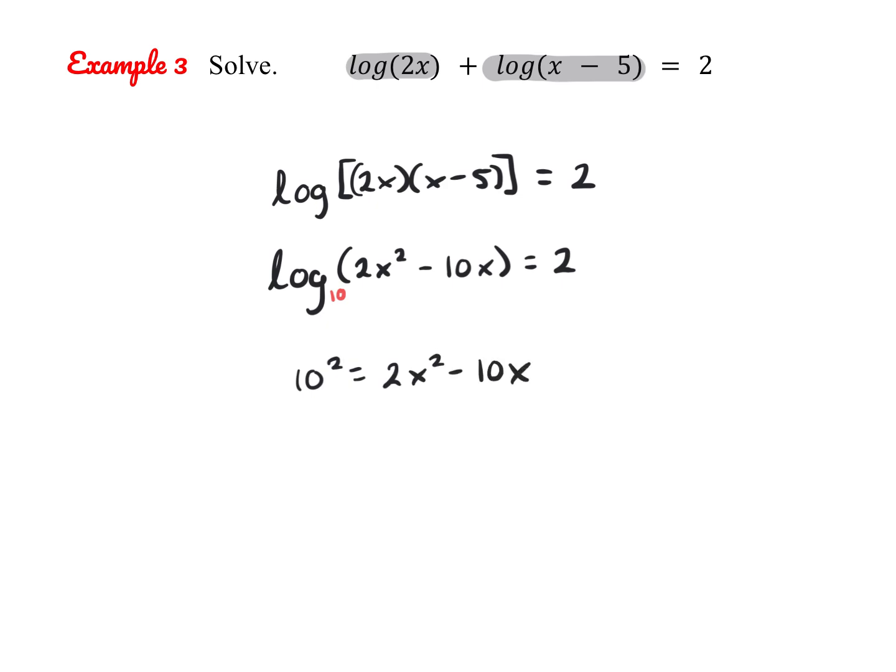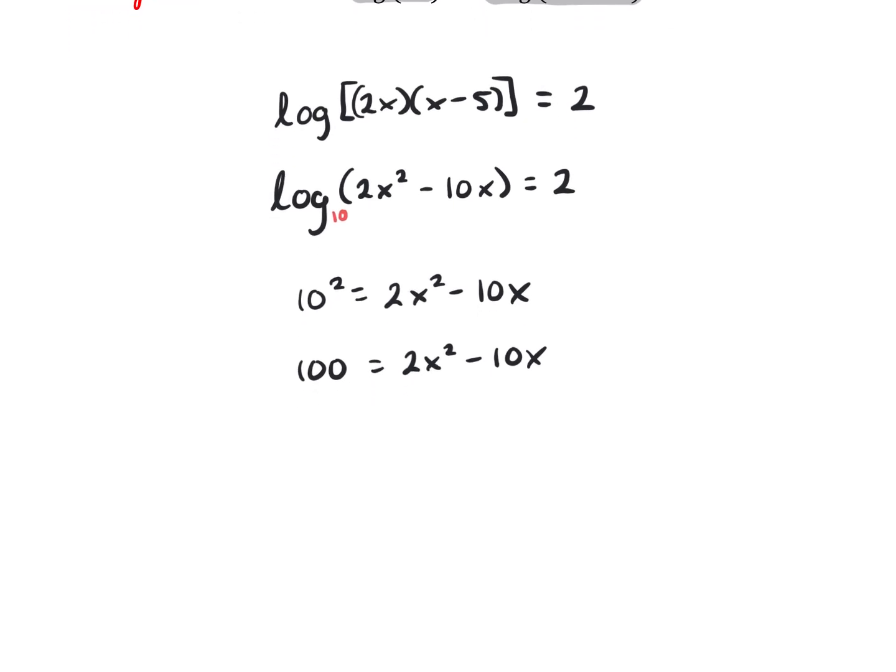And now here you can see that we have a quadratic equation. So for any quadratic, the first thing I will do is set my equation equal to 0. So we have 0 equals 2x squared minus 10x minus 100. Here, let's try dividing both sides by 2 to simplify our equation a little bit.